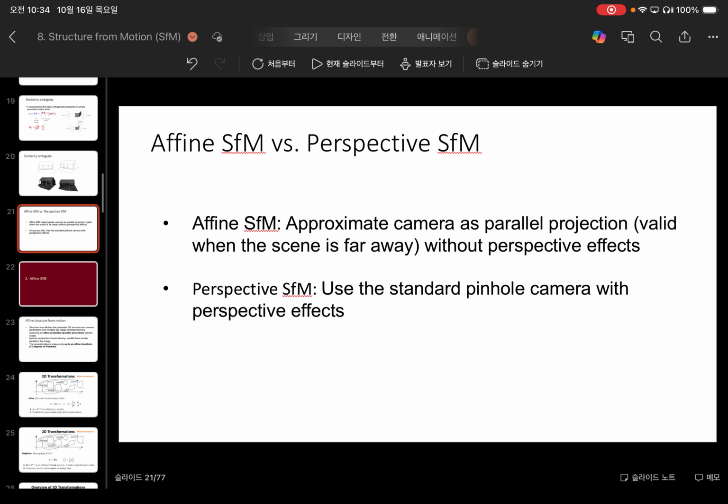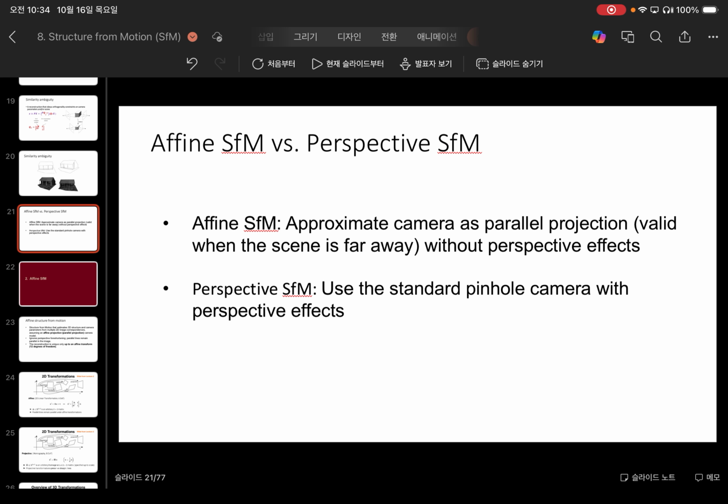And then there are two kinds of structure from motion. One is affine structure from motion, and the second one is perspective structure from motion. Affine SfM approximates cameras as parallel projection without perspective effect. That means we approximate the camera as an affine transformation.